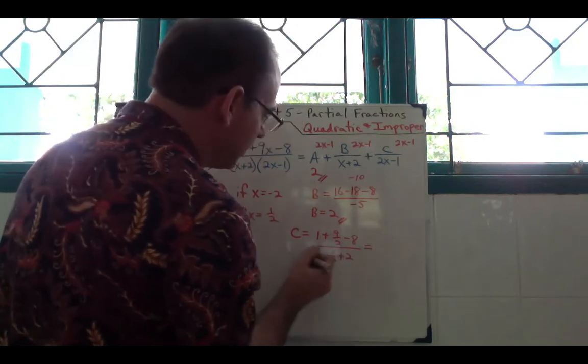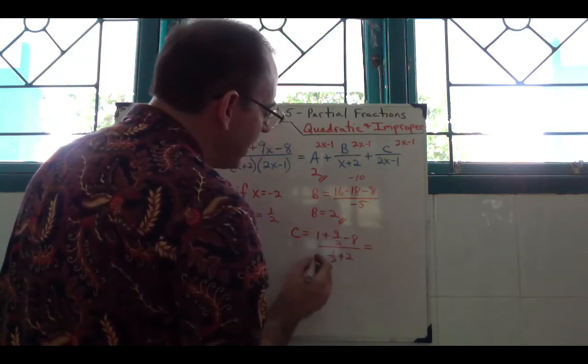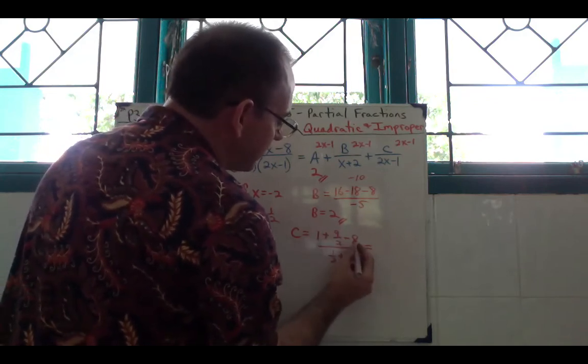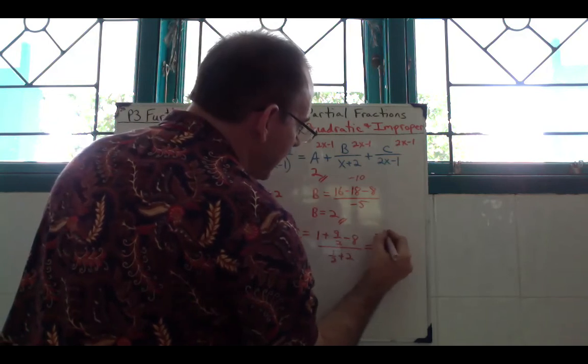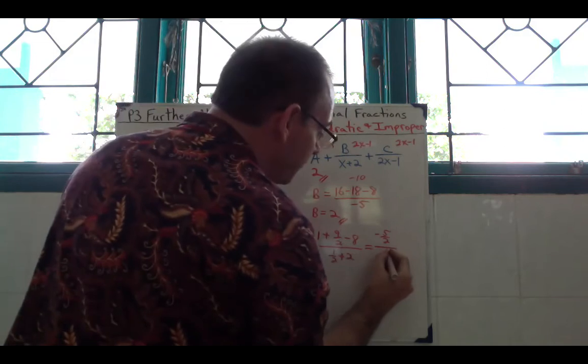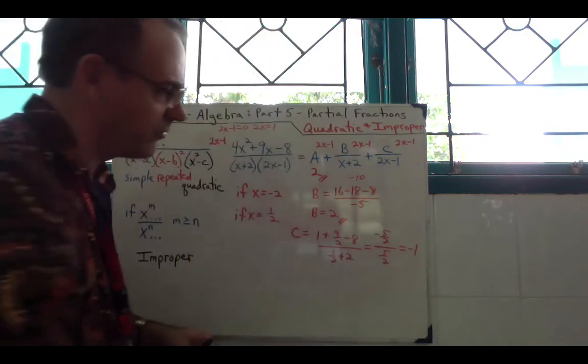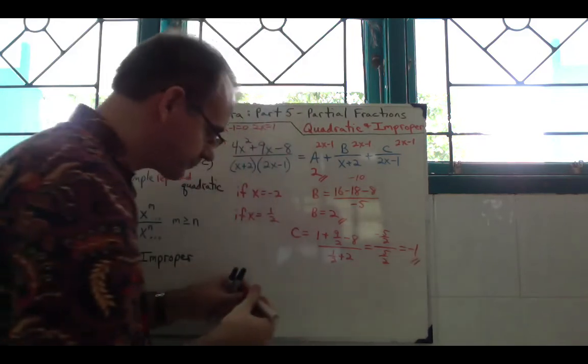This is 16/2, 11/2 minus 16/2 is a negative 5/2, over this is 4/2, this is 5/2. And so we get a negative 1 for our c.